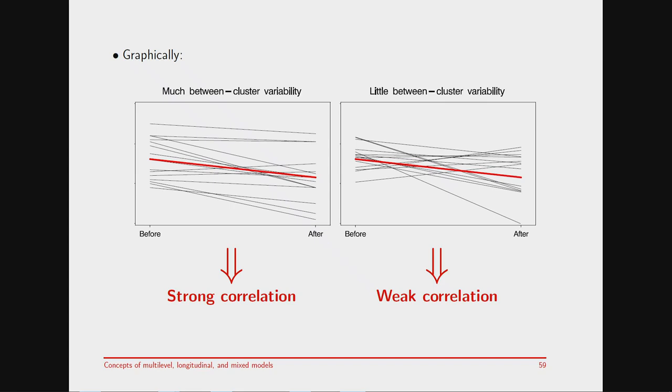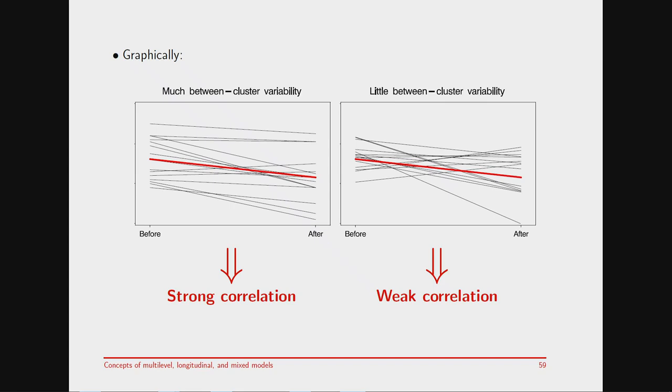But if the reverse happens, where there's little variability between, or certainly much more variability within, so that all these curves start to go in different directions, then you have more crossing curves like what you see here, and then you have much weaker correlation. So intuitively, I think it all makes sense.